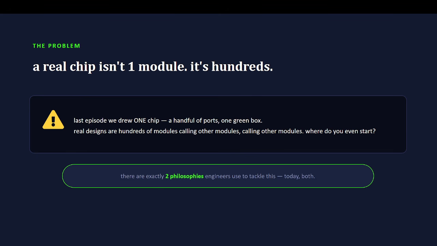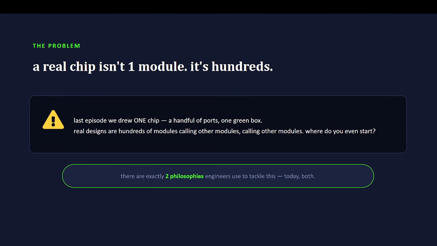A design has hundreds of modules calling other modules, nested 3, 4, 5 levels deep. If you just start typing Verilog with no plan, no structure, you end up with an unmanageable mess, or a design that doesn't even do what it was supposed to do.